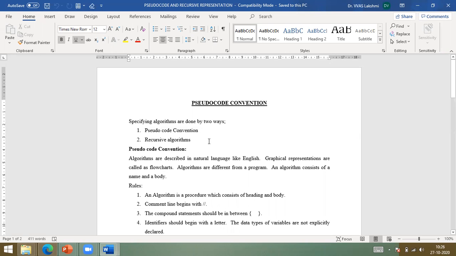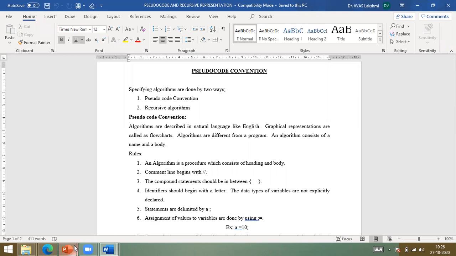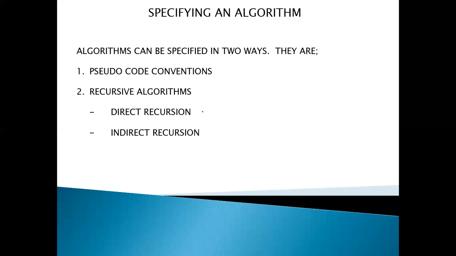While specifying pseudocode conventions, each and every algorithm will have header information, and any block of statements will be enclosed within curly braces. Arrays will be specified in square brackets, conditional statements are specified with the help of if, and loops are specified with for, while, and repeat. These are the three types of loops which show repeated statements.